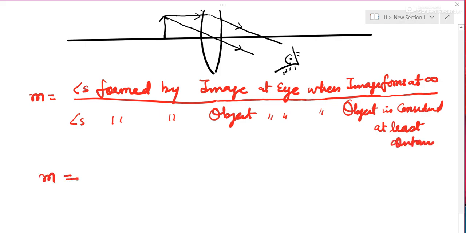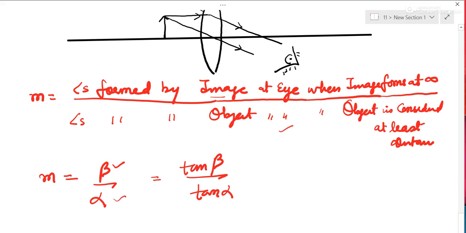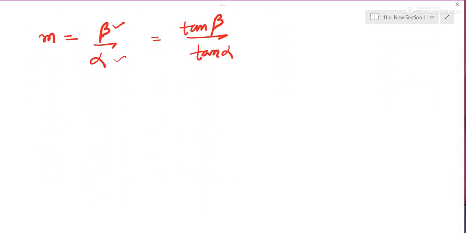So this is again beta, this is alpha. For smaller angles, you know this is equal to tangent beta and tangent alpha. So children, just observe the names of beta as this and alpha as this. We would write it again. This is my alpha.